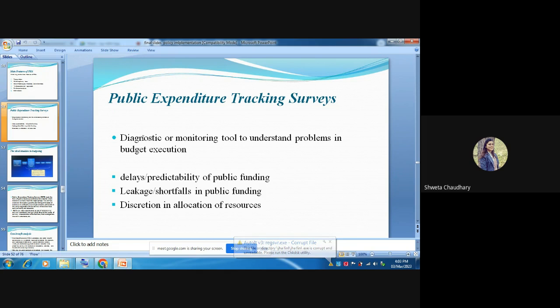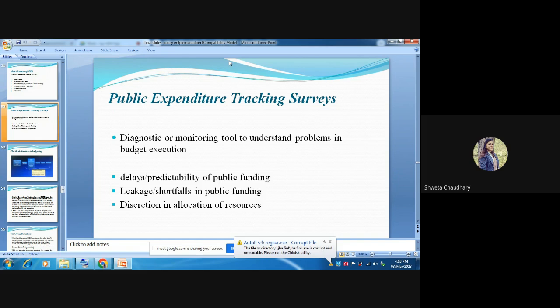So this is the public expenditure tracking survey. If some policy is not proved to be fruitful, then one can go for a public expenditure tracking survey. You can see whether the policy is not being implemented well, because the government has given so much fund, but the fund has not actually reached the poor farmers or the people of the country for whom it was released.